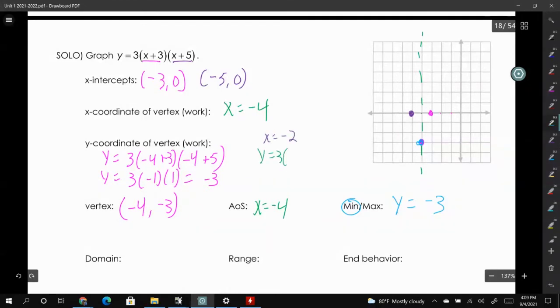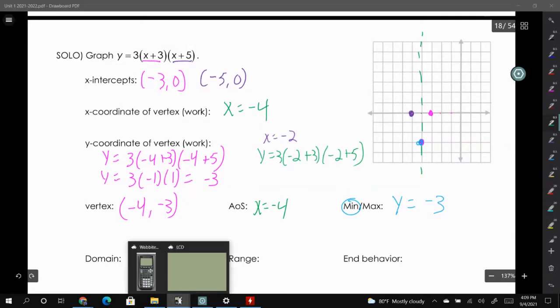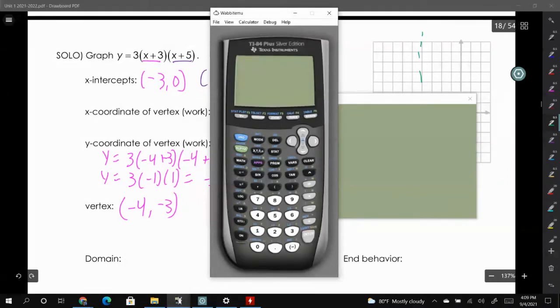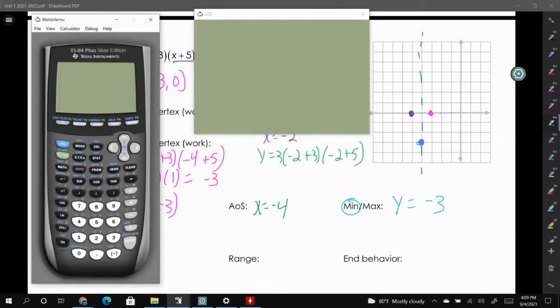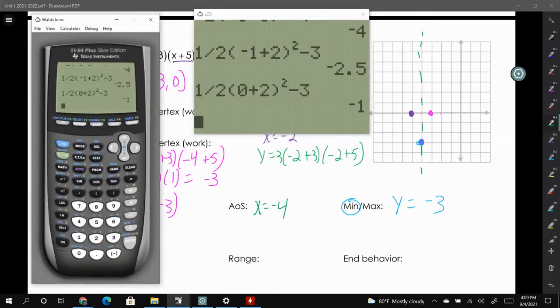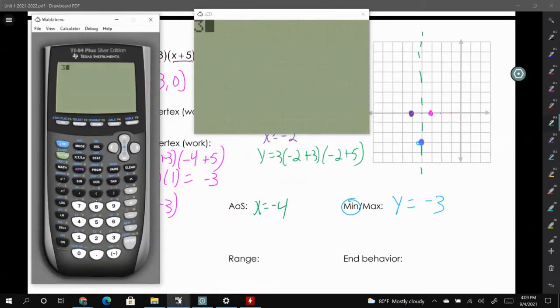So y equals 3 times negative 2 plus 3 times negative 2 plus 5. I'll throw this one into the calculator so you can see how that is done. So 3 parentheses, negative 2 plus 3, and negative 2 plus 5.